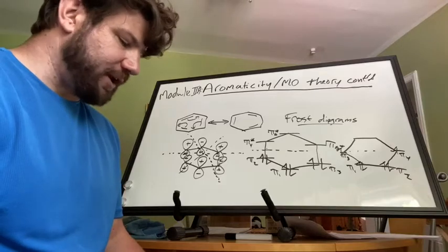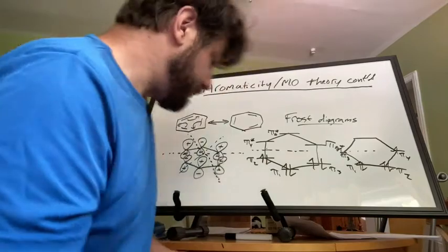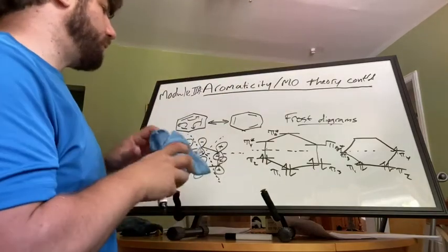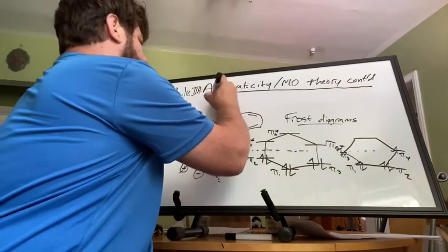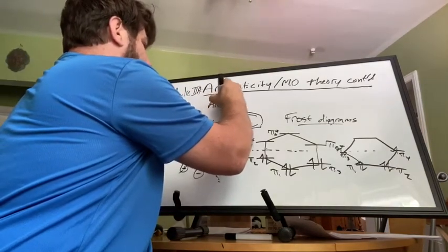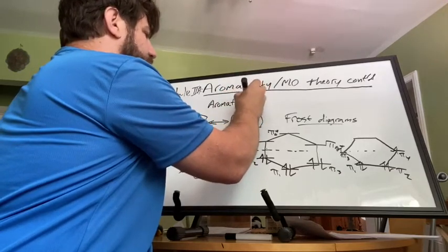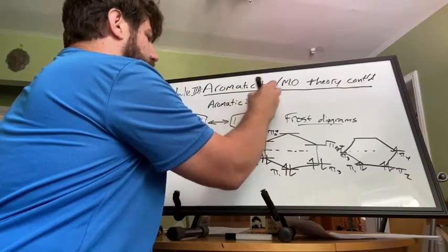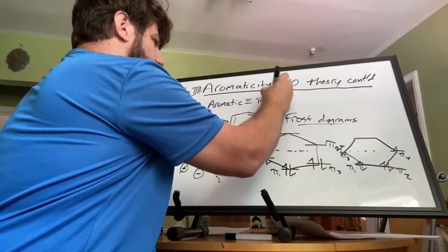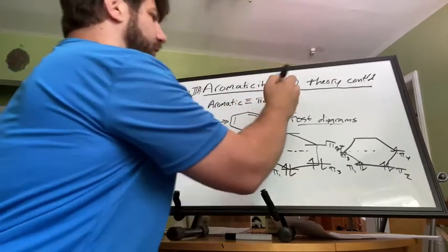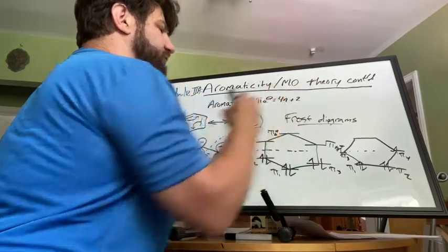So now we're going to get into Huckel's rules and numbers. So an aromatic species is when pi electrons have a 4n plus 2.